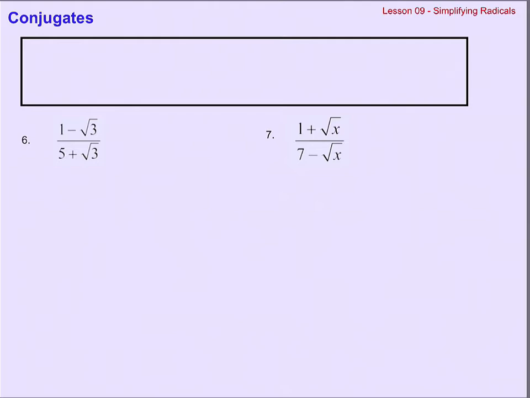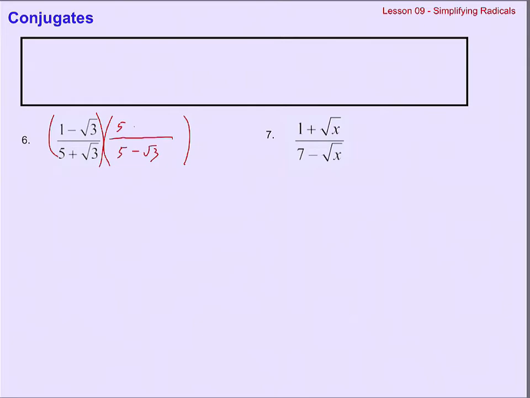This is where what we just said about conjugates comes in. If I want to get rid of the radical, not just from the root 3, but also make sure it isn't passed along to the 5, what I need to do is multiply by something that will completely get rid of all radicals. And we saw on the last slide that if you multiply a binomial, like 5 plus root 3, times its conjugate, you'll get a difference of squares, and since they're squares, there won't be any more radicals.